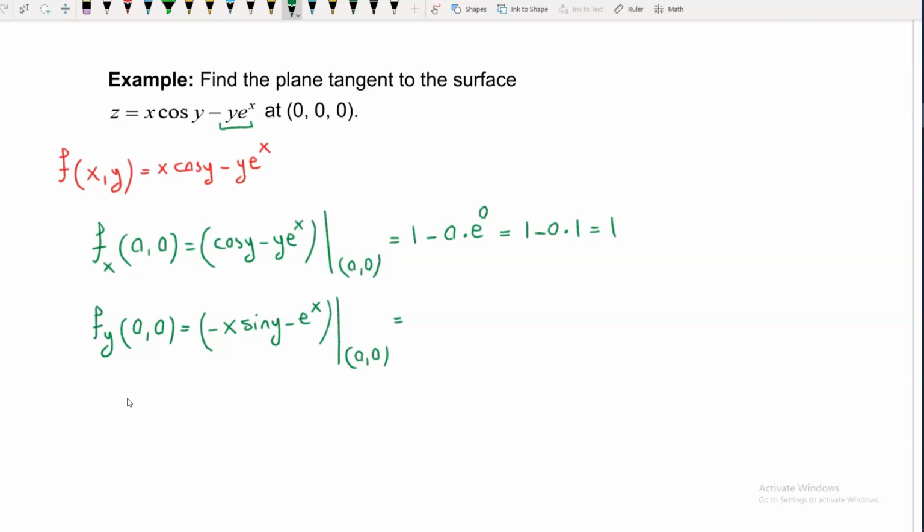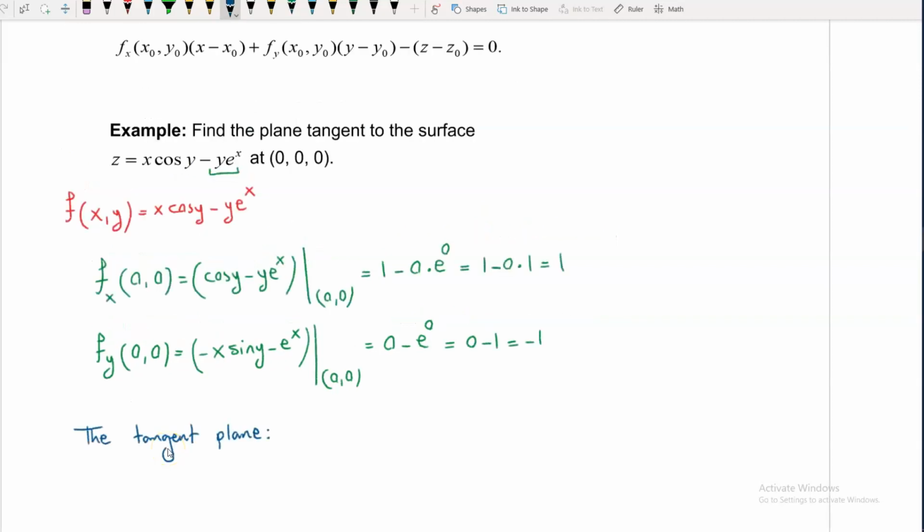So this is equal to negative 0 times sine 0, so it is 0, minus e power 0, so it is 0 minus 1, that is equal to negative 1.